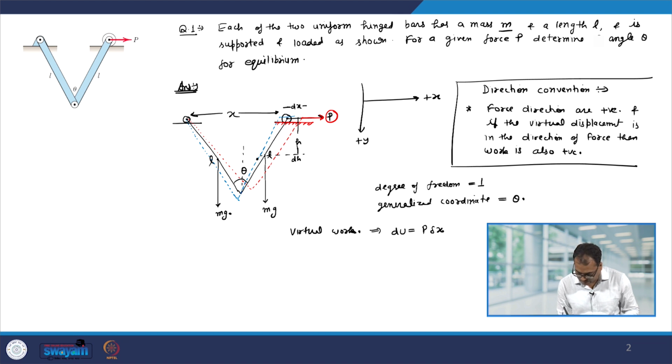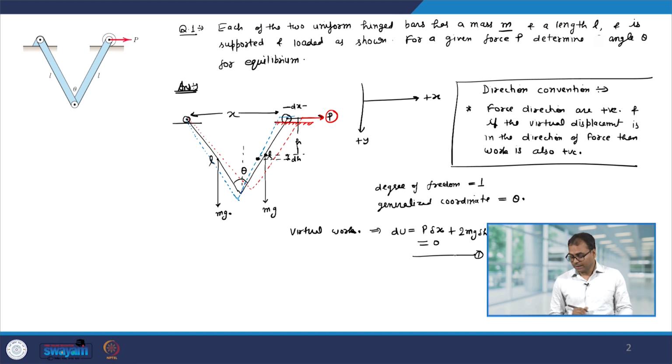So, earlier the center of mass was here, now it will shift to that point and let us say this is dh. Therefore, because of the mass the virtual work will be mg plus mg, 2 mg, into the virtual displacement which is delta h, and as per the principle of virtual work this should be equal to 0. Let us call this equation number 1.